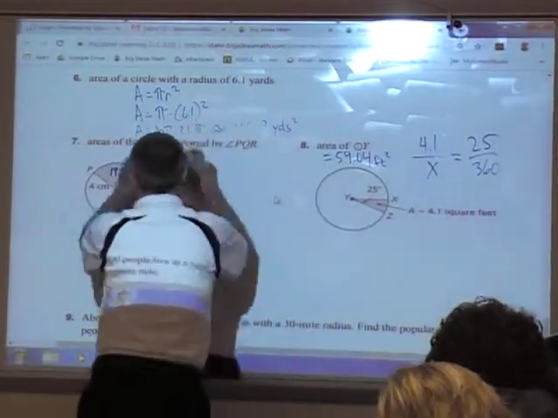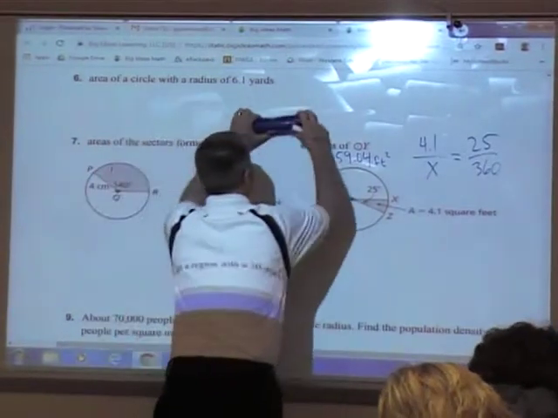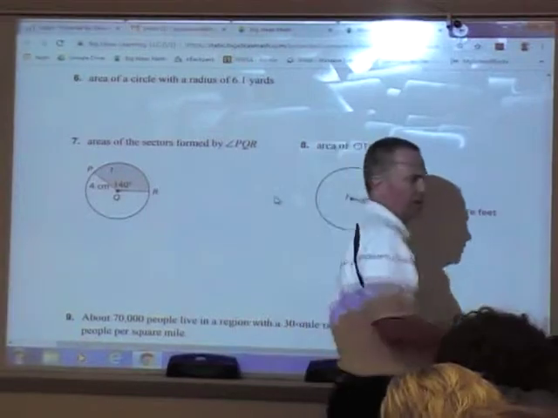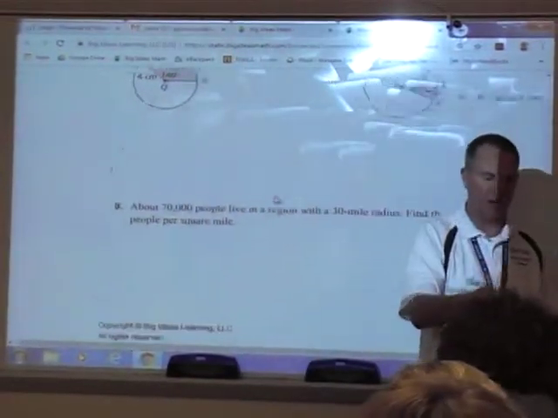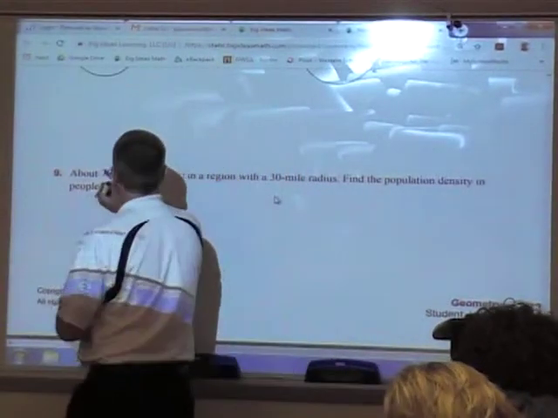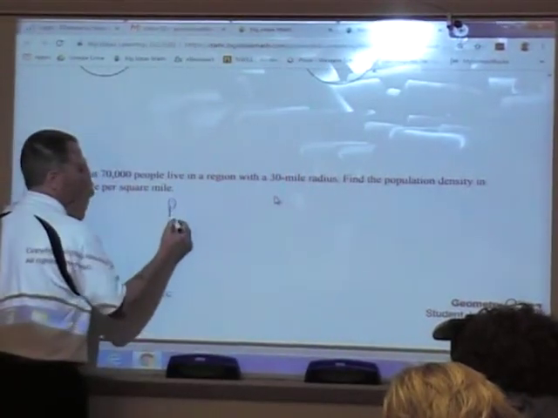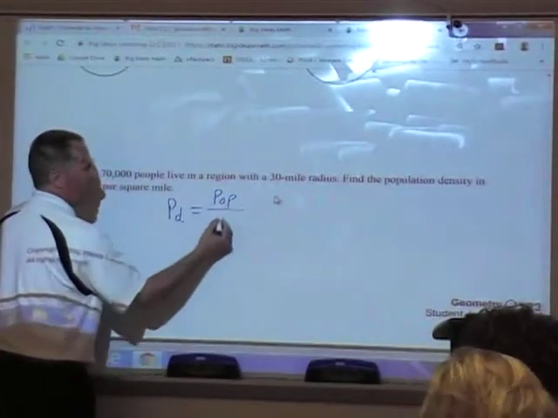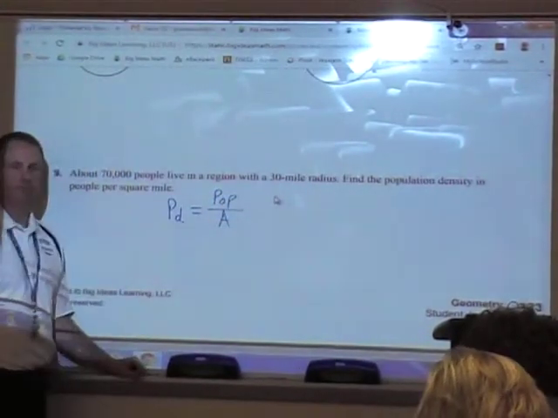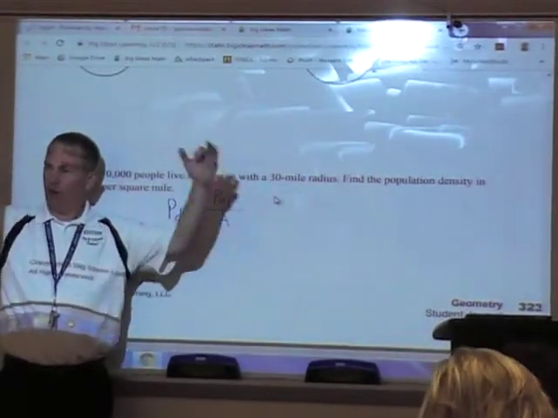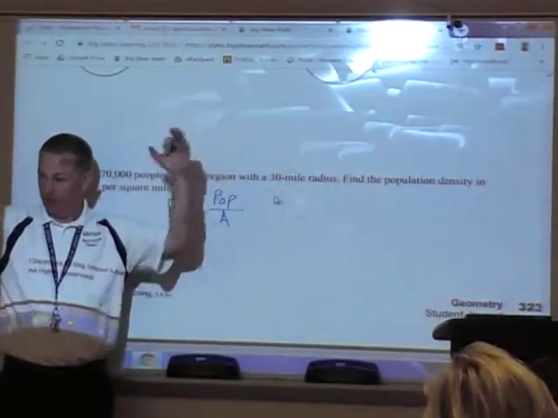Now, the last thing I want to teach you. So those are the first two things. The last thing is called population density. Pretty simple, but again, it's something you have to memorize how to do. Population density is where you take the population and divide it by the area of the circle where your population lives.